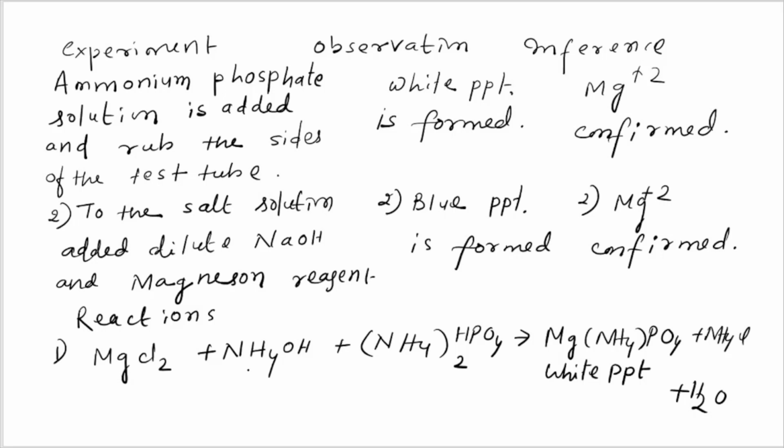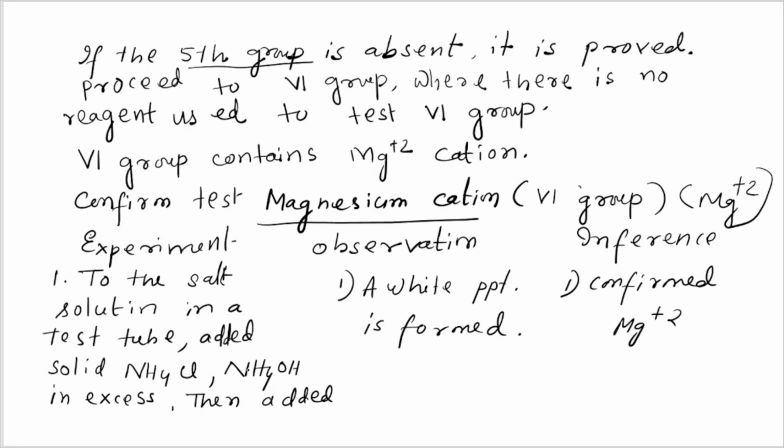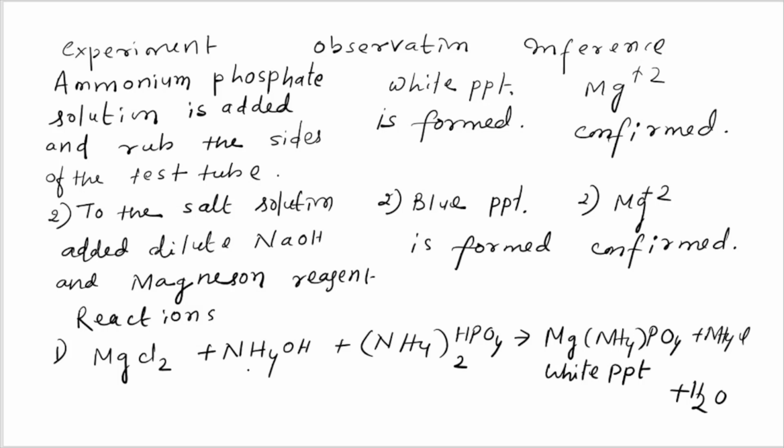That means to the salt solution you add ammonium chloride and excess ammonium hydroxide, just like the fifth group, but there is no precipitate. Don't throw this away. Immediately add ammonium phosphate solution to the solution, and you will obtain a white precipitate. Rubbing the side of the test tube is important. By rubbing the side of the test tube, a white precipitate is formed immediately, and that is Mg+2. Then you are sure that it is Mg+2.